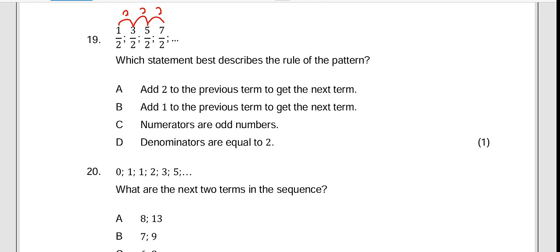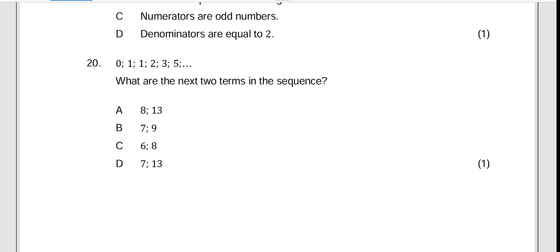So the correct answer is that we are adding 2 to the previous number to get the next term. The correct answer is A.